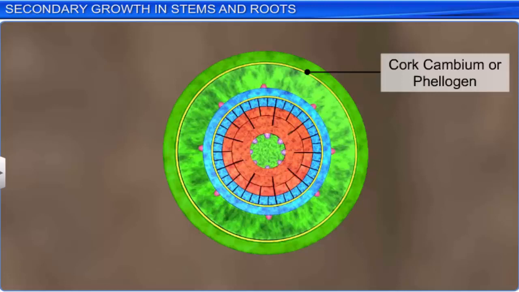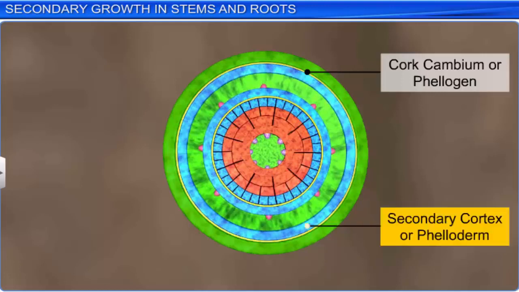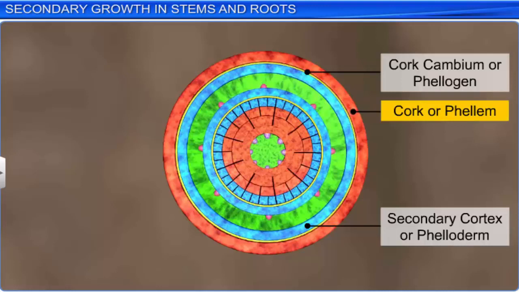In the phellogen, differentiation of cells begins on both sides. As a result, the cells of the inner surface differentiate into the secondary cortex or phelloderm, while the cells of the outer surface differentiate into cork or phellem.